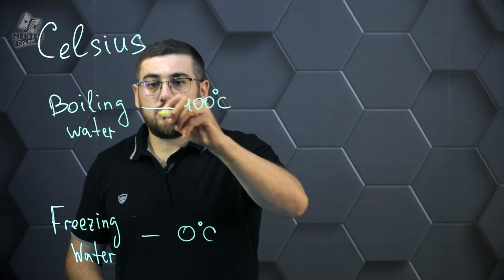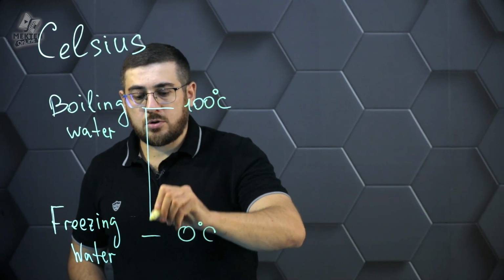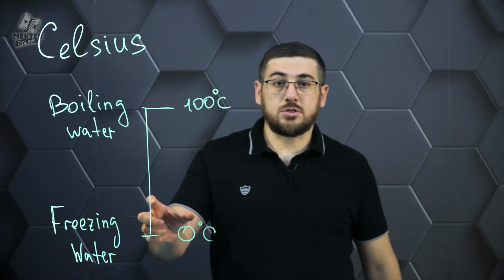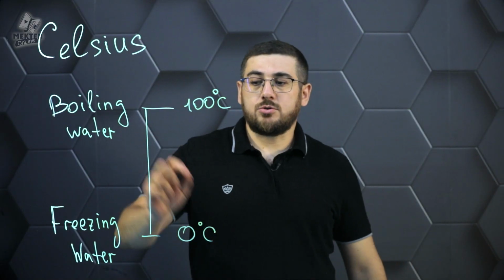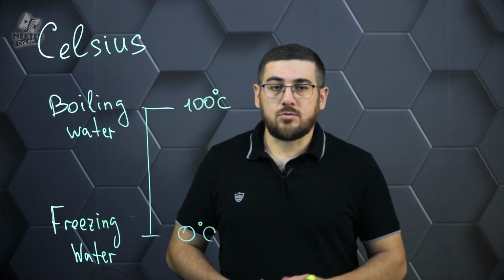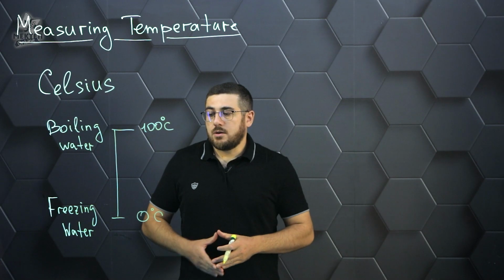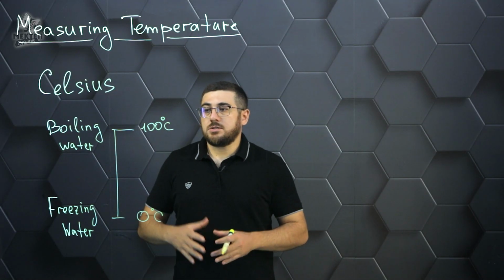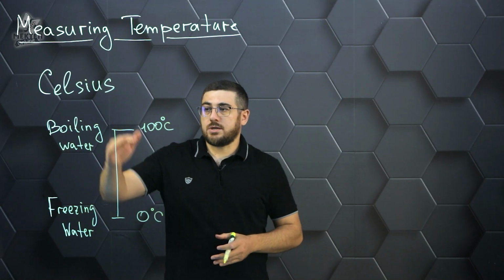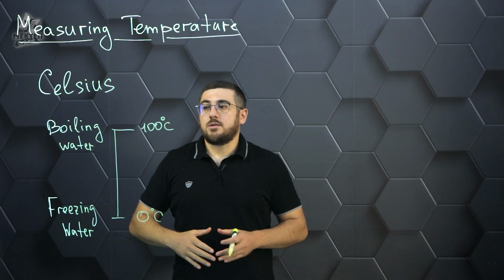Then the gap between these two temperatures was divided by 100, and so we get a value of 1 degree Celsius.